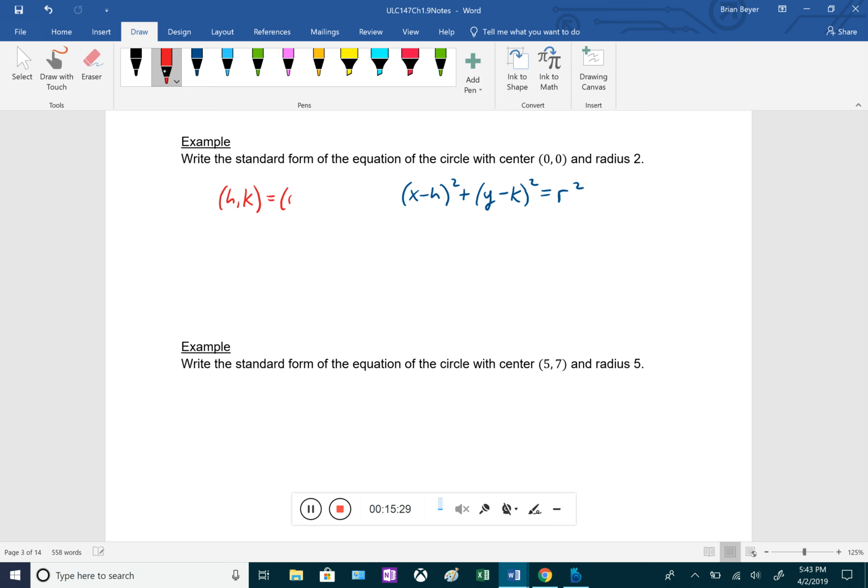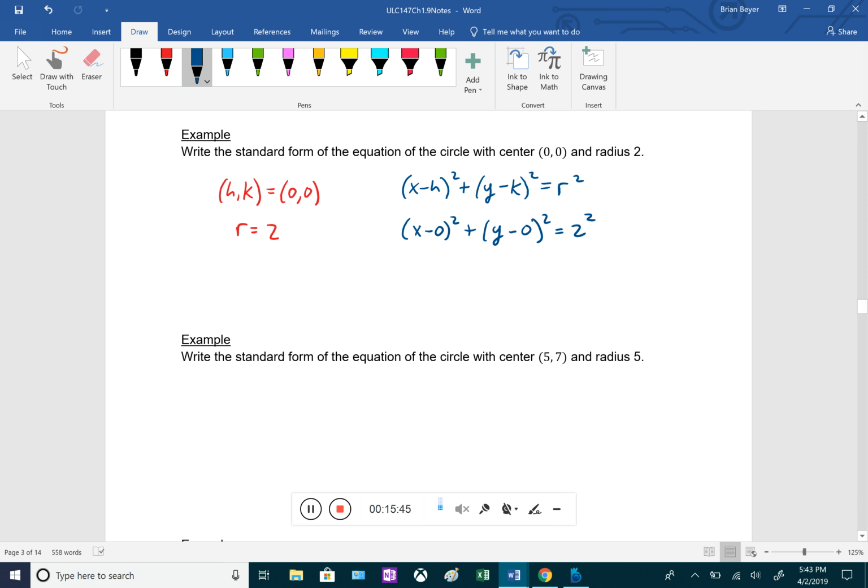So that is our h comma k, and our radius is given to be 2. So we plug all of that in, so it's (x minus 0) squared plus (y minus 0) squared equals 2 squared. So obviously if we're subtracting or adding 0, we don't need to write that. So that just simplifies to x squared plus y squared equals 4.